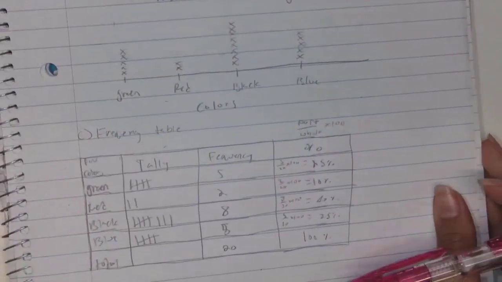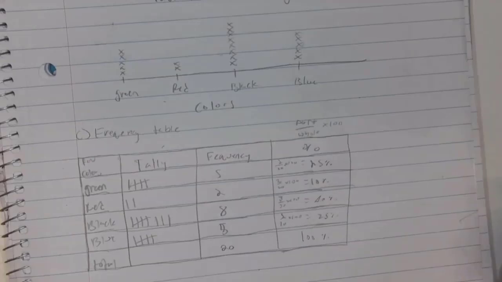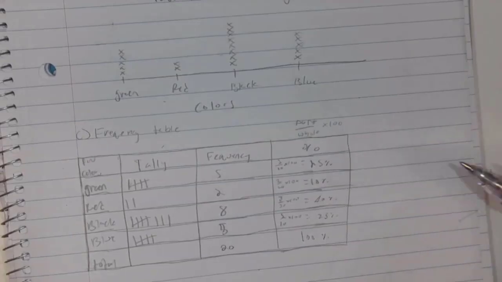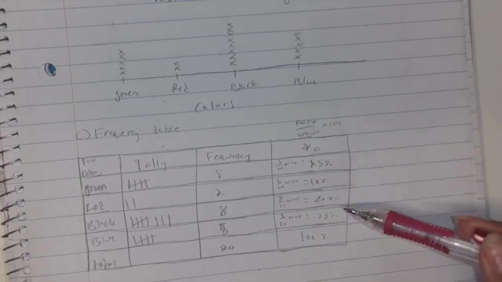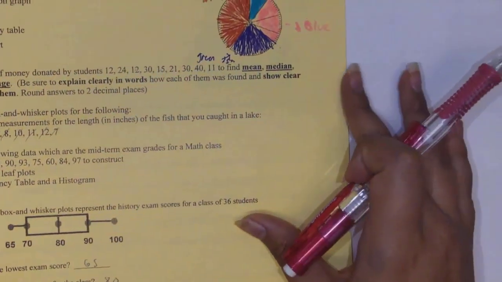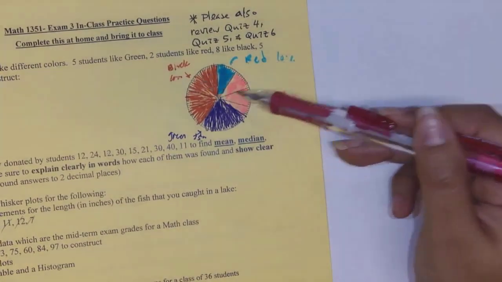So going off from the frequency table, when you do a pie chart, you want to go based off the percentages of the frequency table. So we see how green is 25%, red is 10%, black is 40%, and then blue is 25%. So when you put it in here, you want to label what color is what.